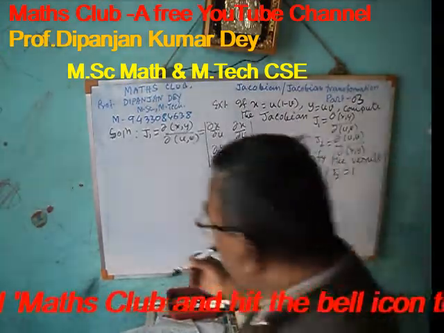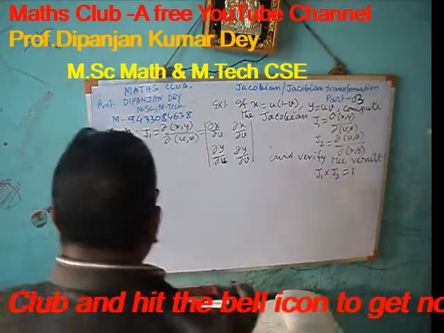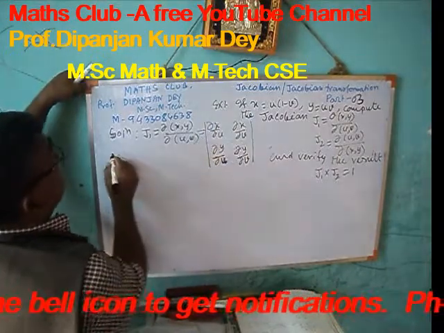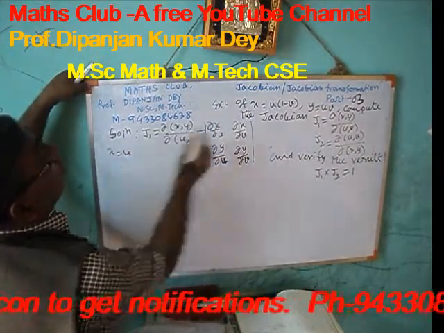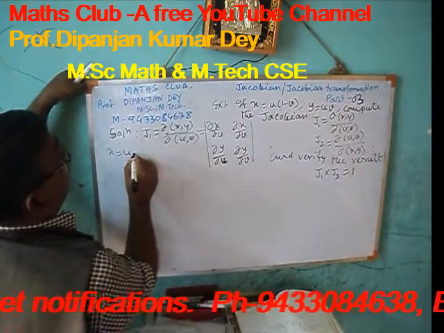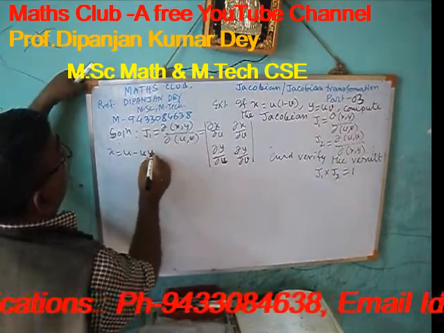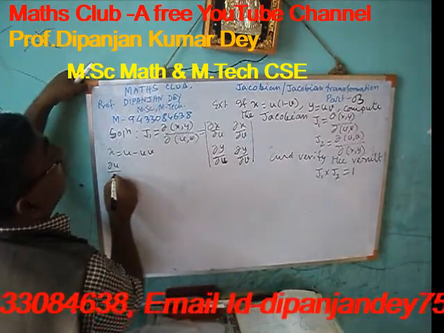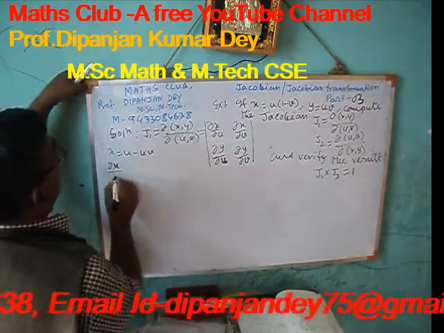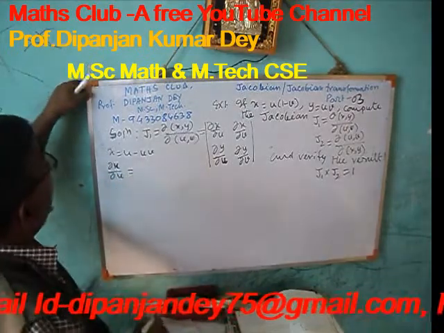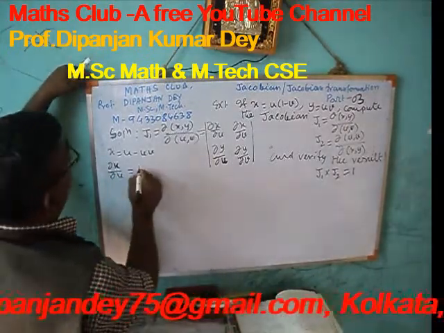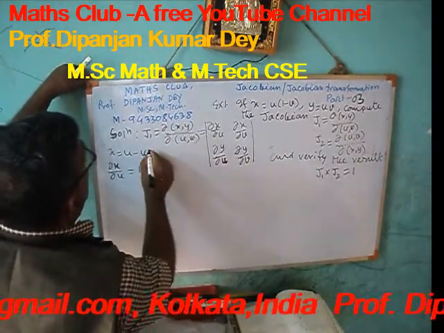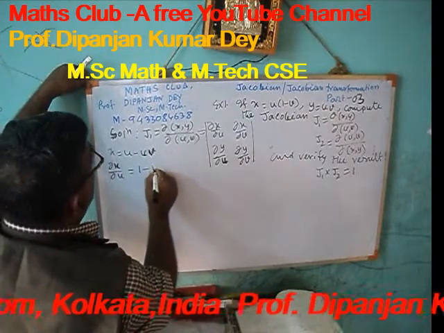Now from here I am doing the calculation. x equal to u into 1 minus v, that is u minus uv. So del x del u, with respect to u, is 1 minus v.